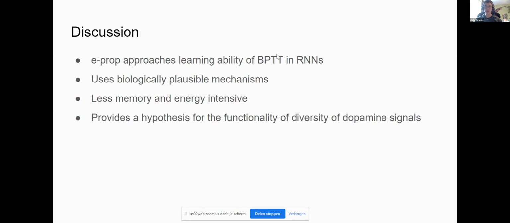Previous theories of reward-based learning say the learning signal is the same and sent to all neurons, but they found that there's a diversity of dopamine signals sent to a diversity of neuronal populations, and that's similar to the way the authors of this paper made up their model.